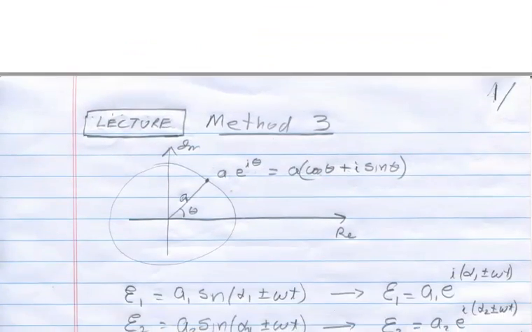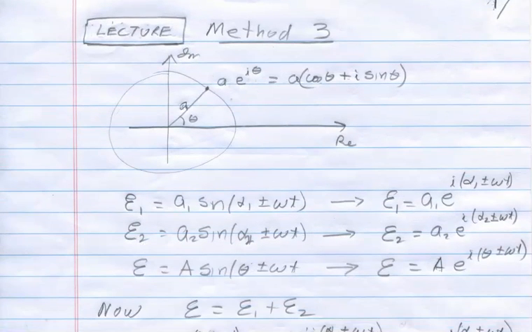Another method, which is really method three, is to think of waves as phasors in a complex plane, essentially. I have an imaginary axis, which is like the y-axis, and a real axis, like the x-axis, and any complex number up here can be represented in polar form by a e to the i theta, where a and theta are these angles.